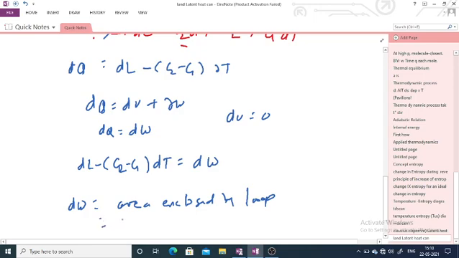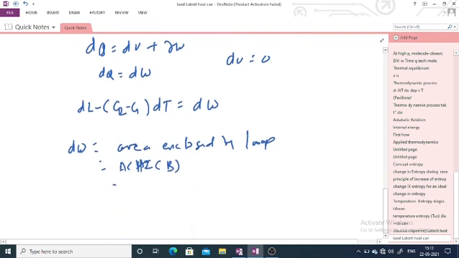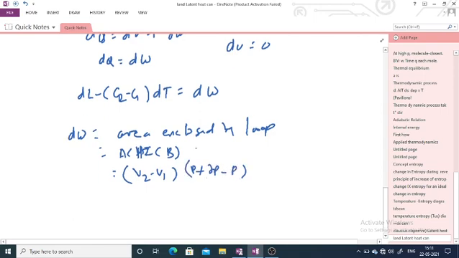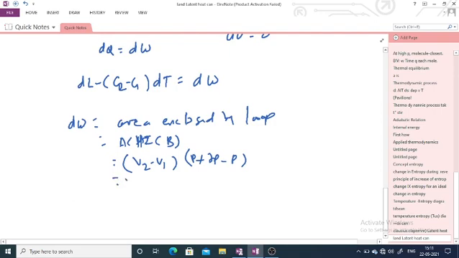So the area of HICB is equal to base V2 minus V1, times height P plus dP minus P. So we get dP into (V2 minus V1).